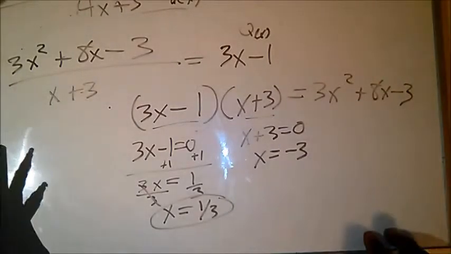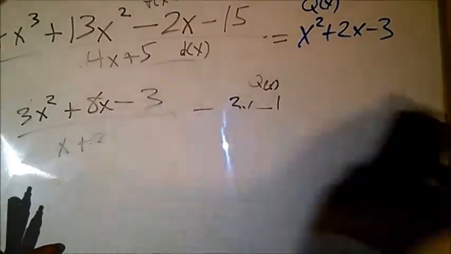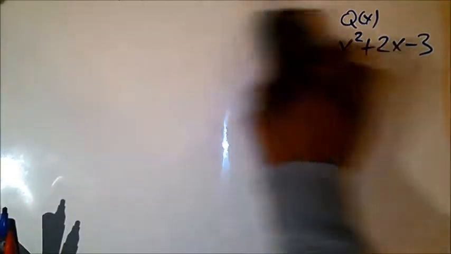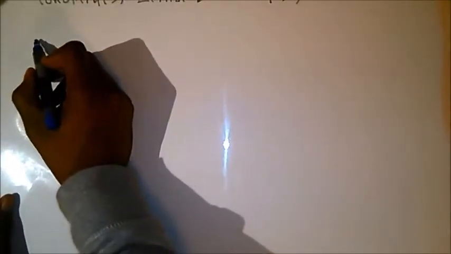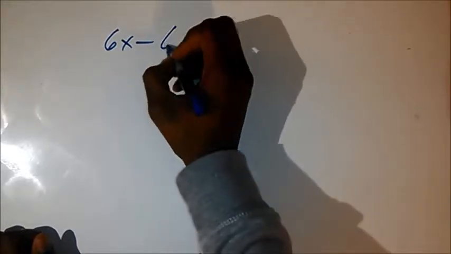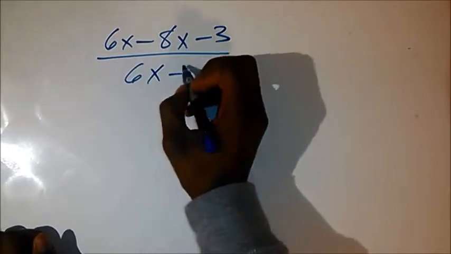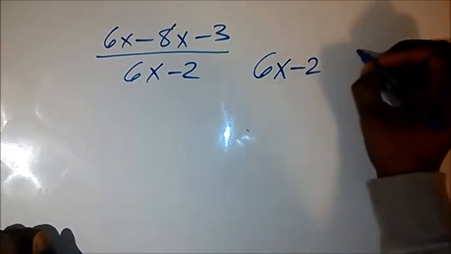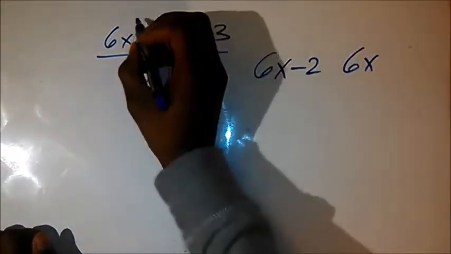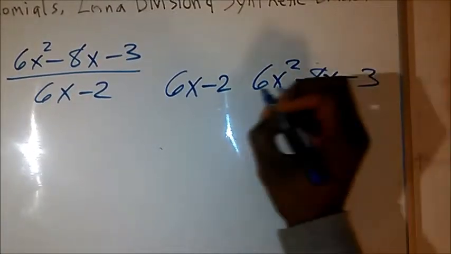But guess what? Sometimes there is no remainder. We can only do this when the remainder is 0. Well, sometimes the remainder is not 0. For example, let's say we have 6x squared minus 8x minus 3 divided by 6x minus 2. Put it in this form: 6x minus 2 and 6x squared minus 8x minus 3.